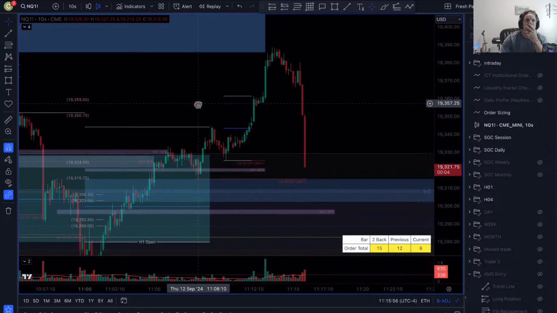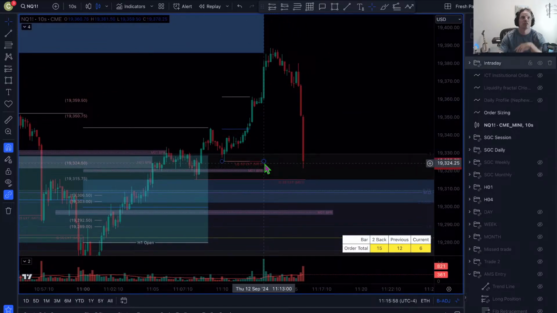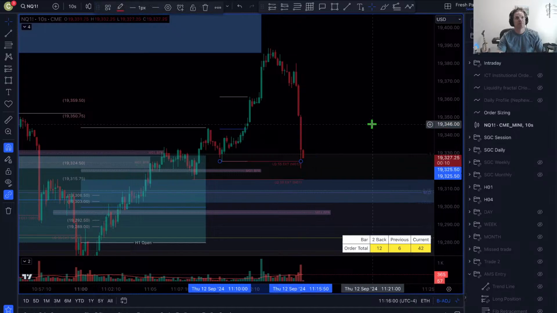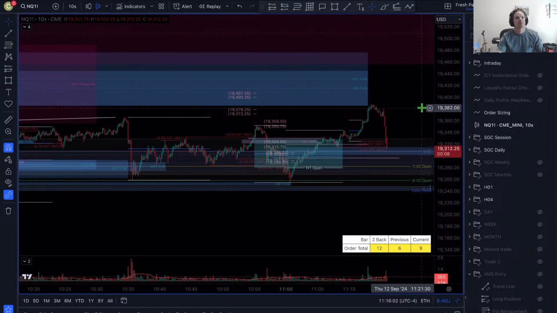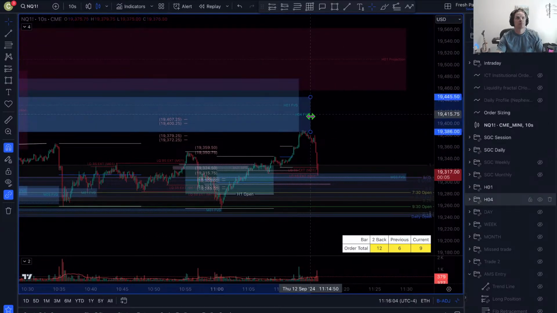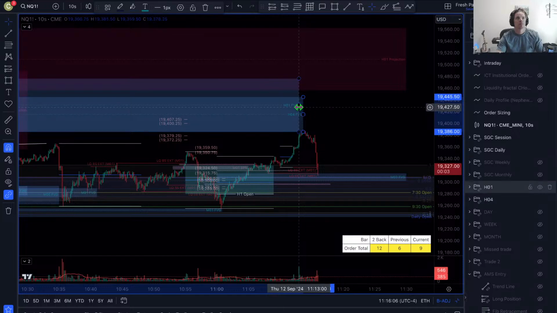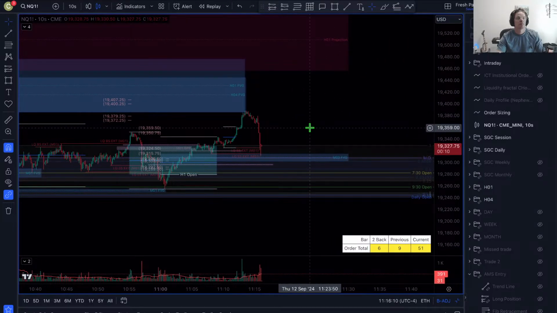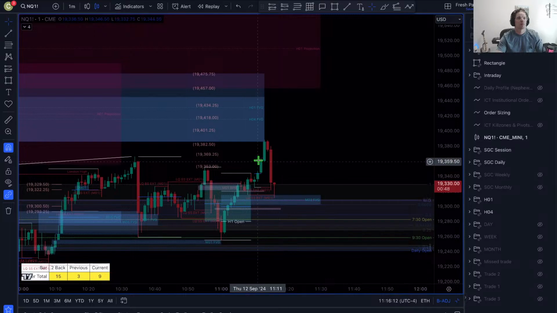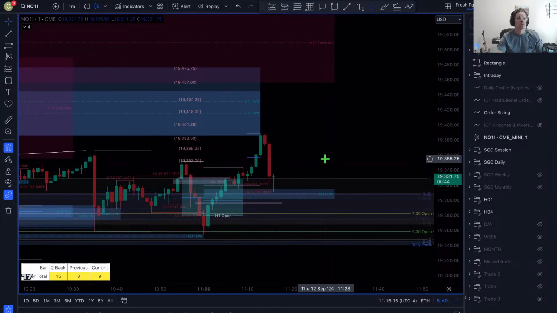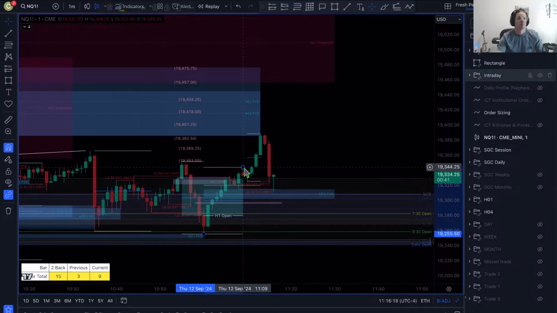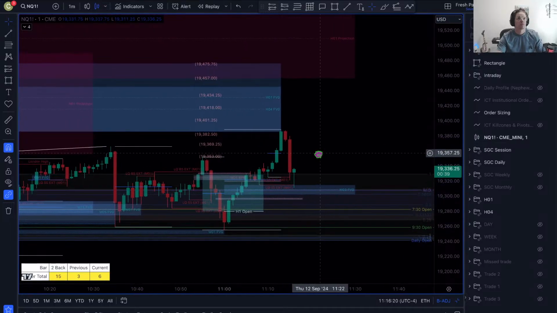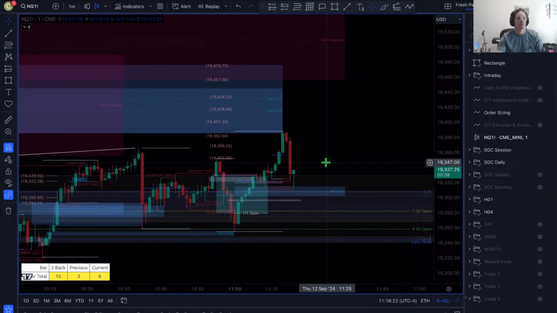There's that drop off of that H4 fair value gap. I'm so tempted to trade that right now, but I won't.